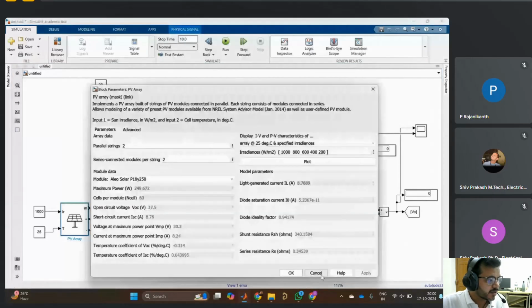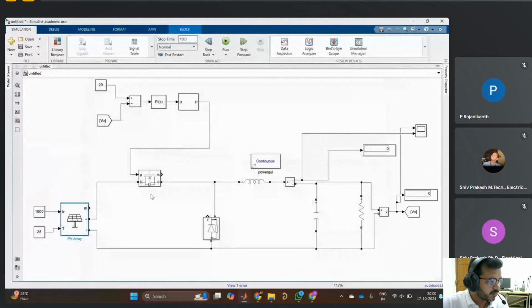There is a discontinuity at the input side because the switch is there. If the switch is off, then no current is flowing through it. Then just take a large capacitor here.